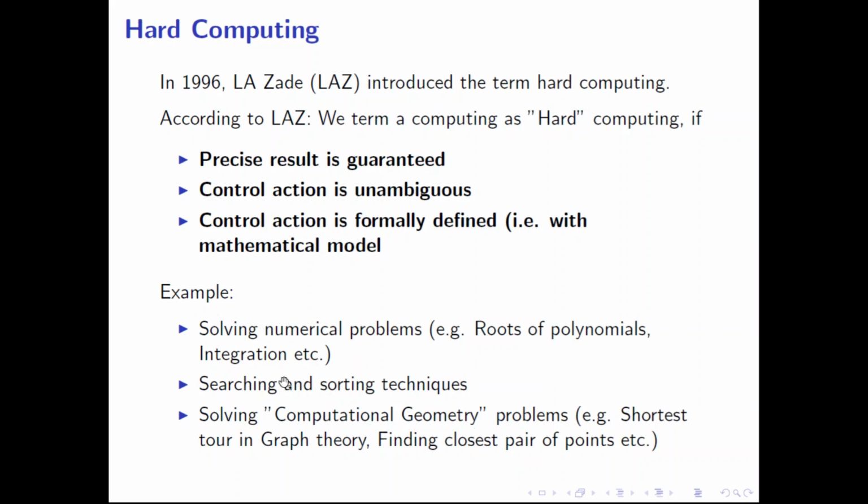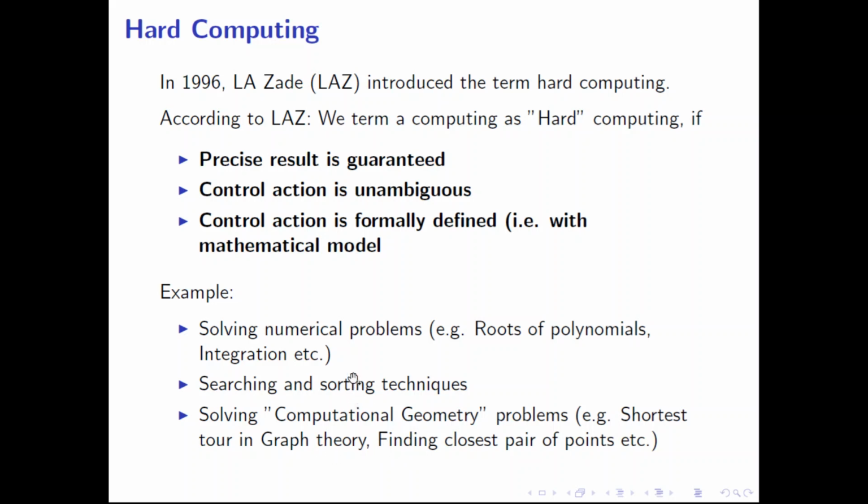These are the typical examples for hard computing: solving any numerical problems, finding the roots of a polynomial, integration, all searching and sorting techniques, finding the shortest path in a graph.